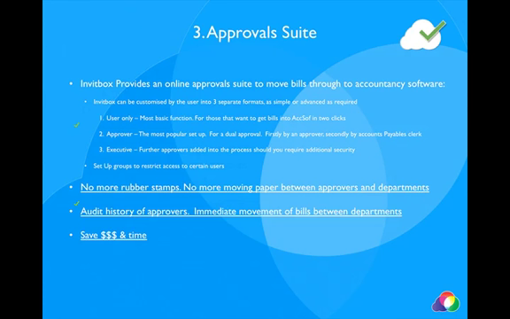Now once that data is extracted and it's ready to move through the process, we provide an approvals suite that can be tailored to your specific needs. There's a number of different ways that we tailor the approvals process. The first method is by assigning groups within the inbox.